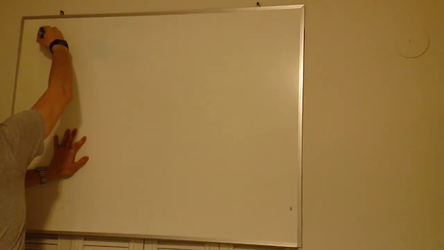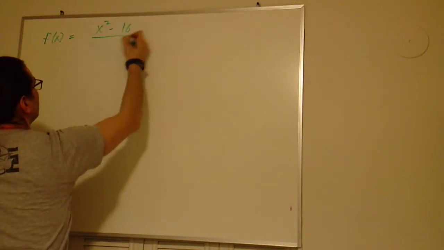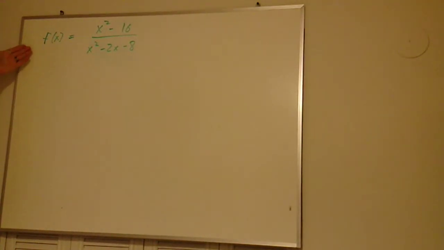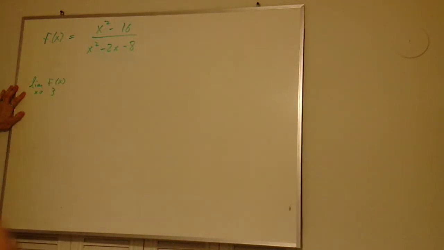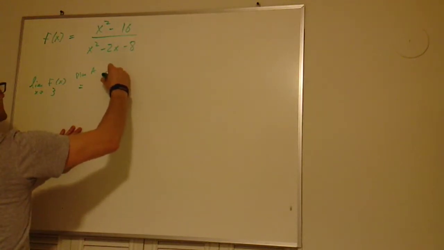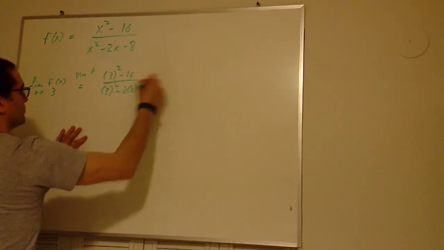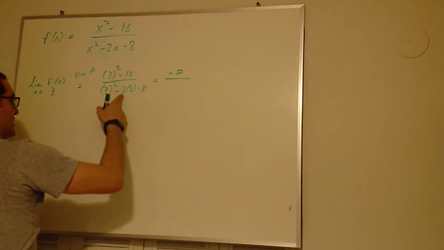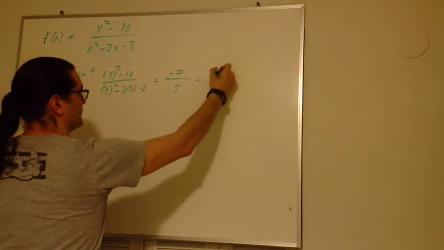If you have something like f of x equals, let's say, x squared minus 16 divided by x squared minus 2x minus 8, and you want the limit of f of x as x approaches, let's say, 3, you're going to hit this with plan A to get 3 squared minus 16 over 3 squared minus 2 times 3 minus 8, which should give you 9 minus 16 is negative 7. 9 minus 6 is 3, minus 8 is negative 5. So this will give you 7 fifths.